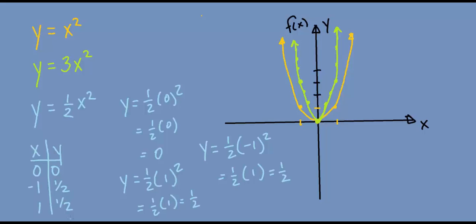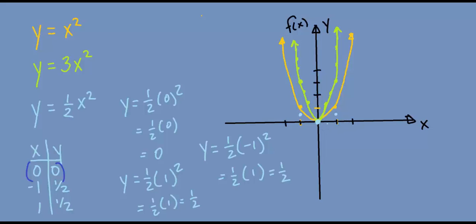Okay, now let's plot those points. First point is 0, 0. And it looks like we're still right there on the origin. Next point is -1, 1/2. So -1, 1/2, we're in there. And then 1, 1/2, we're here. And then if we plugged in a 2 for x, we'd get 2 squared is 4, 1/2 of 4 is 2.